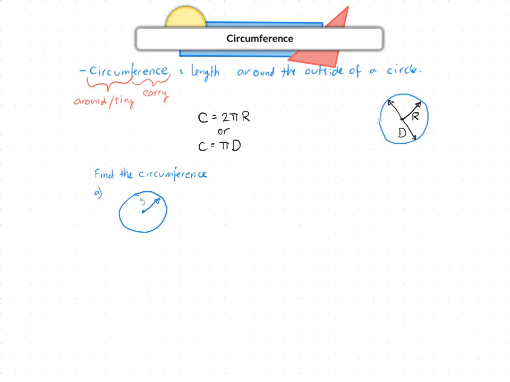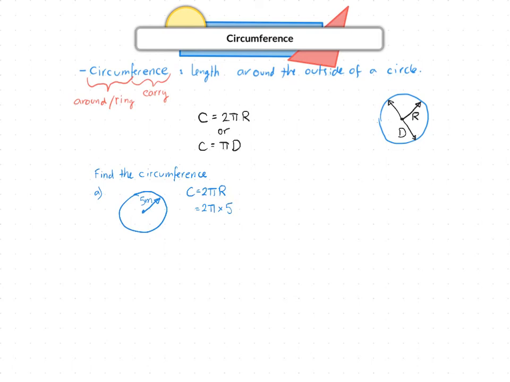Let's say it is 5 meters. How do we find the circumference of that circle? Well, our equation is circumference equals 2 times pi times the radius. And in this case, the radius is 5, so it's 2 pi times 5.